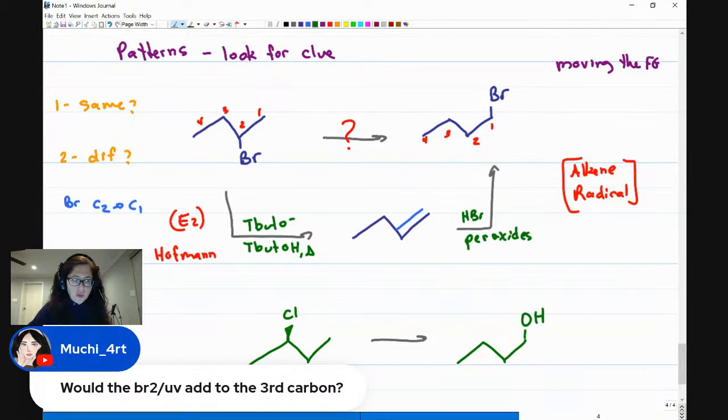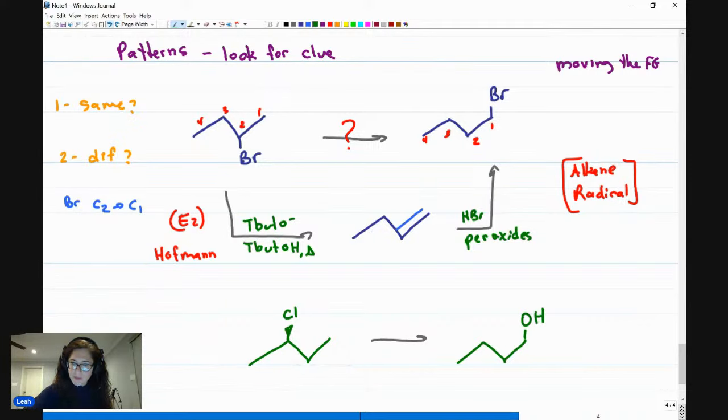Question, would Br2 UV add to the third carbon? If you're doing Br2, then that is a reaction you've probably learned with an alkane rather than an alkene. So right now I'm looking for the reaction that will break the pi bond. But if I had an alkane, that is a different pattern that we're going to get to soon. So I want you to hold that question.